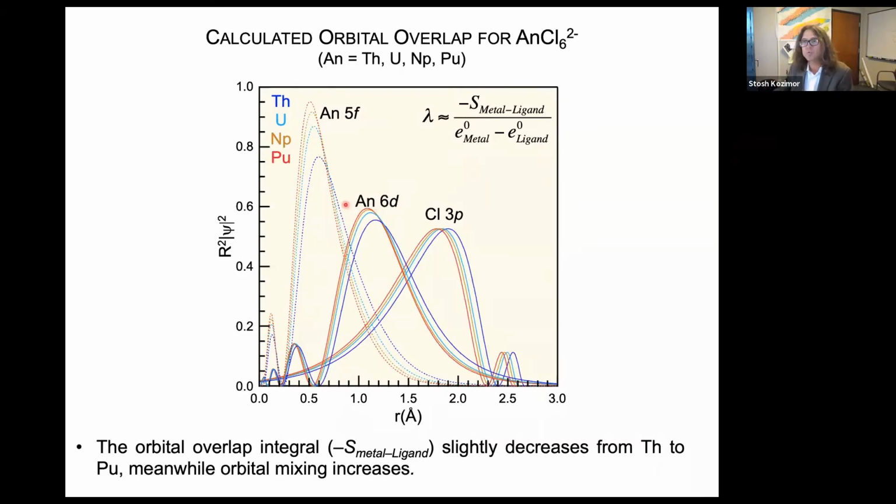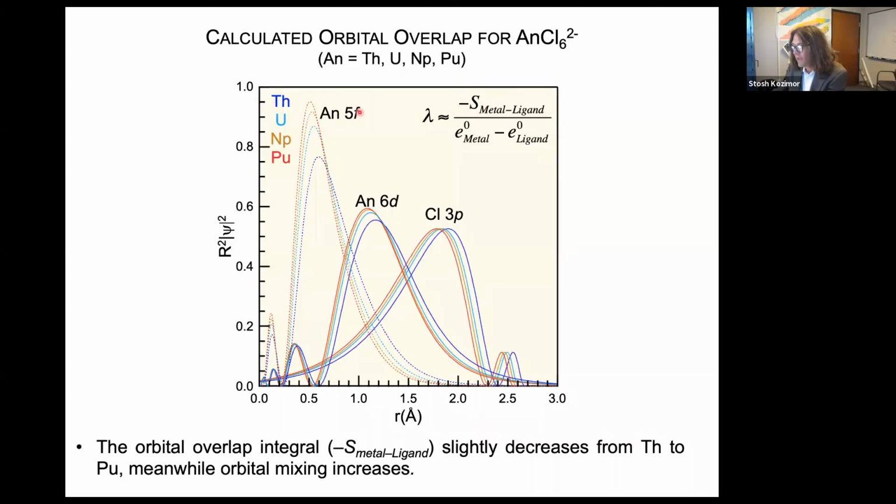They're getting less radially extended. That means S is getting smaller. They're less available for covalent bonding. Same thing's happening for the F's, but these guys are core-like. So I don't think that this term is that important for the F's.